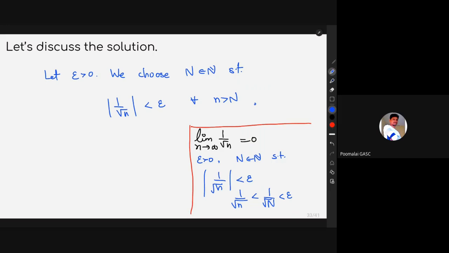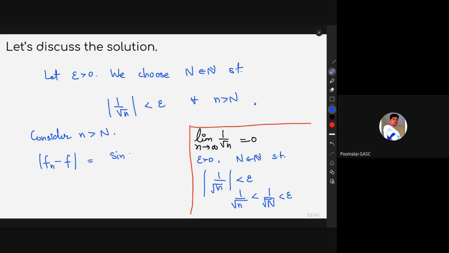And now, okay, now we consider n to be greater than this N, first of all. And now we consider this difference. Now this difference is what?